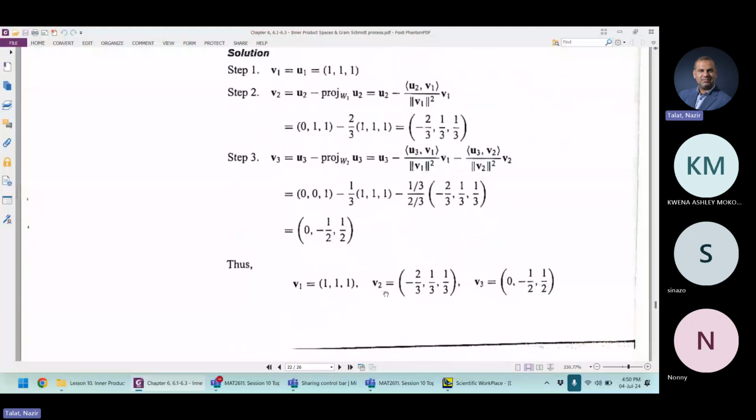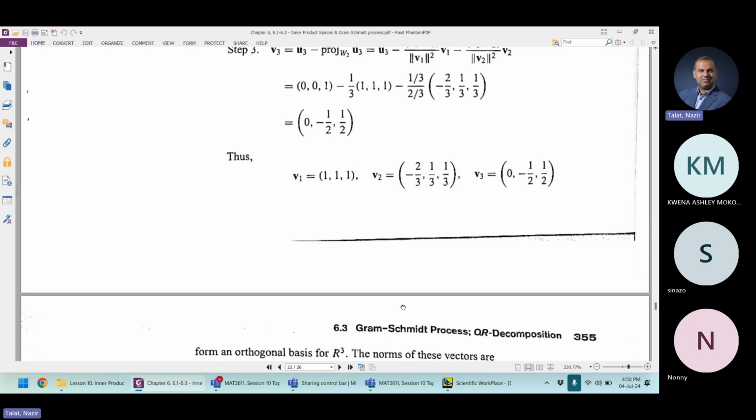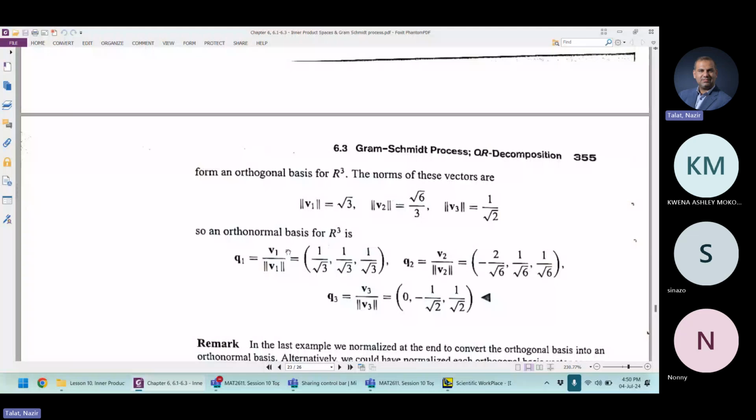And note that if you multiply V1 with V2, V2 with V3, and also V1 with V3, in all cases their inner product is equal to 0. It means these are all orthogonal to each other. And when we want orthonormal vectors, what we need to do is we just compute q1. In q1 we just divide by the norm of that vector.